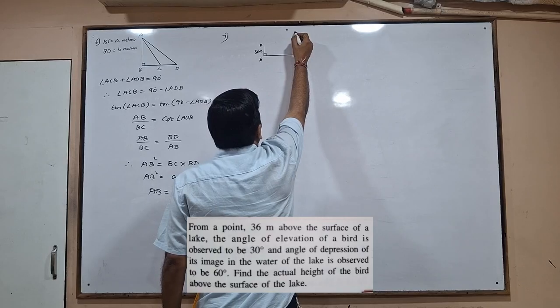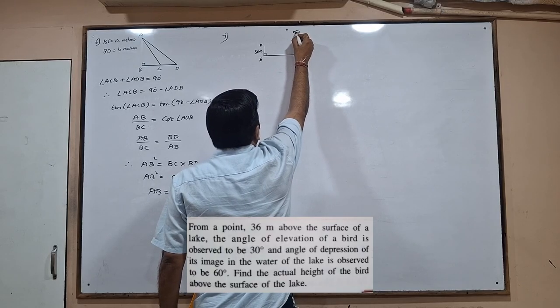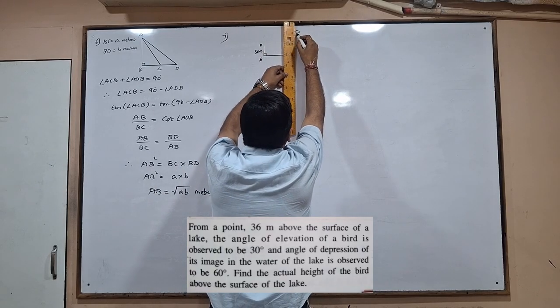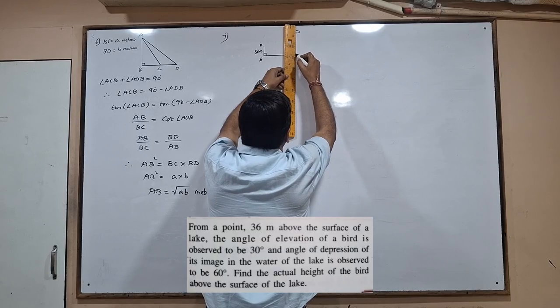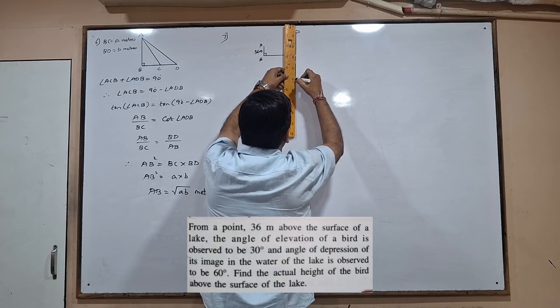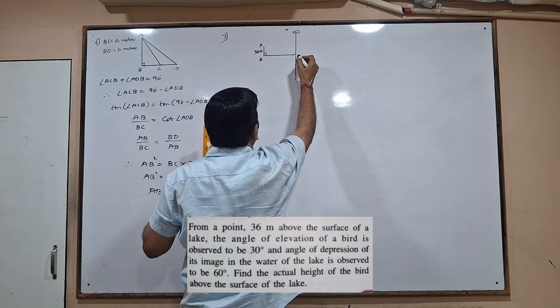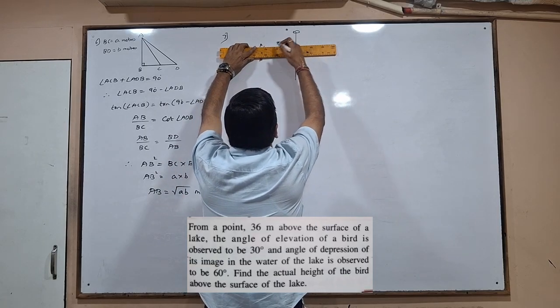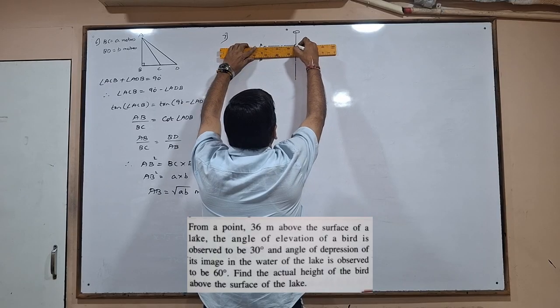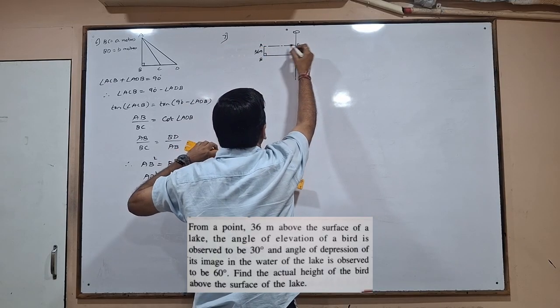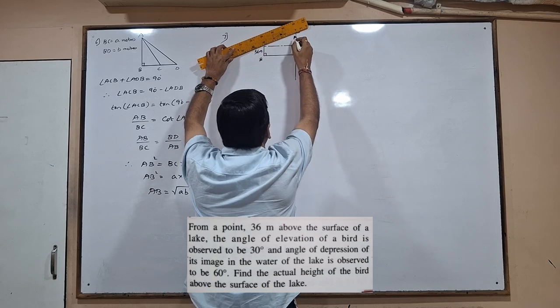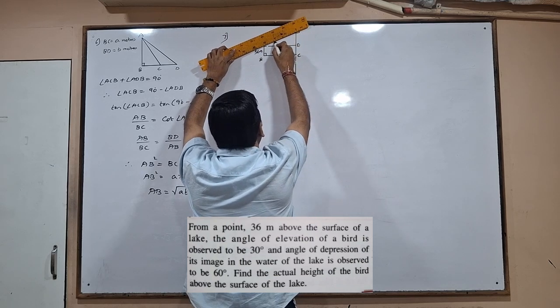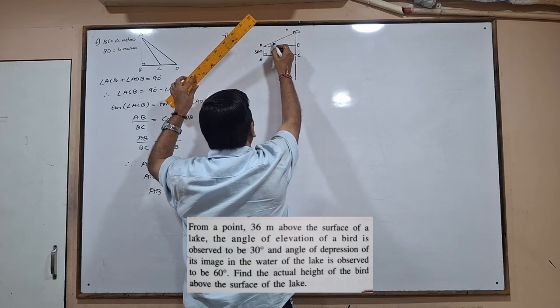So this is the position, say, of the bird. We want to have an angle of elevation. So this angle of elevation is 30 degrees.